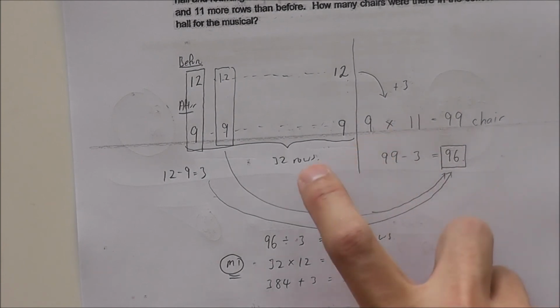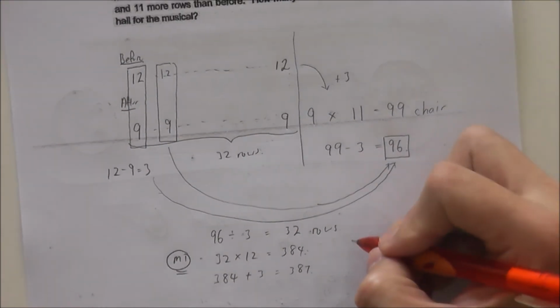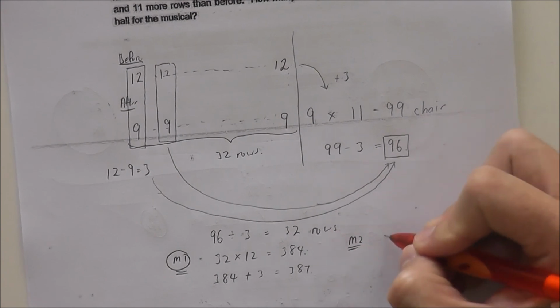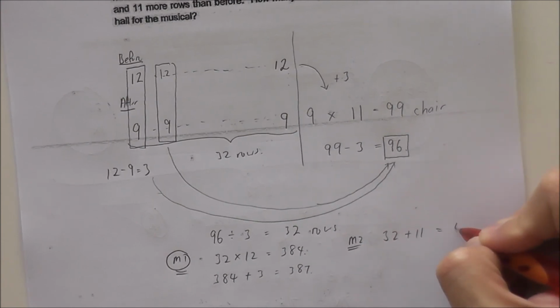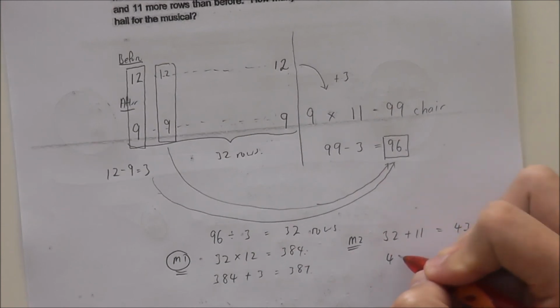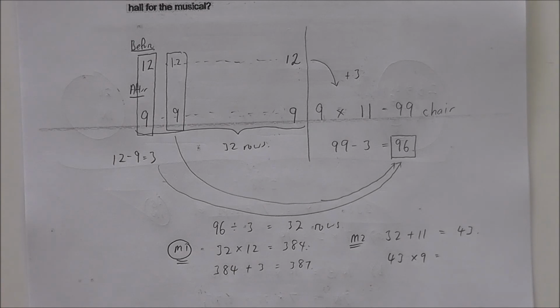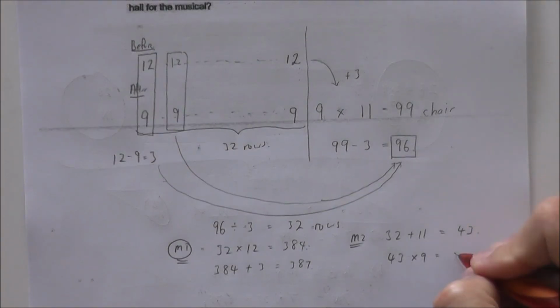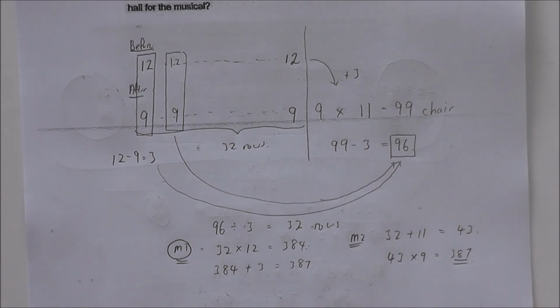So altogether this is 32 plus 11. So method 2, you can also do it this way. There are 32 plus 11 rows, so that will be 43. So you can just take 43 times 9. That will also give you the total number of chairs for the musical. So just to confirm, I will also get back 387. Either way you will get back the answer.